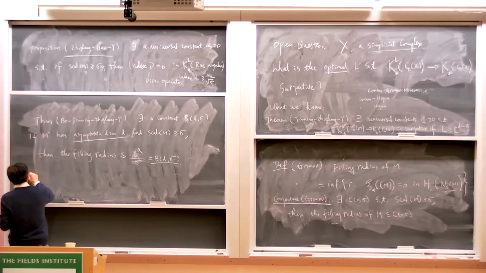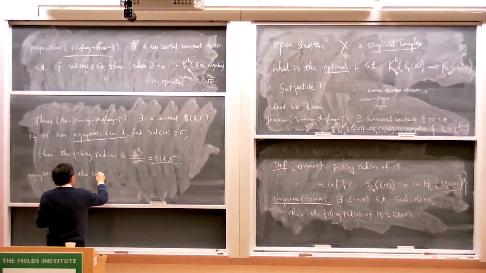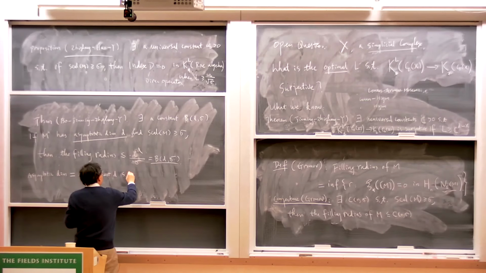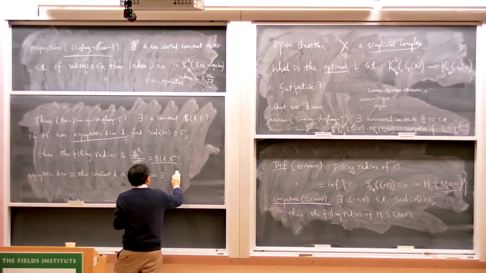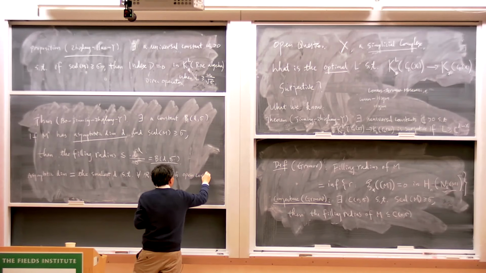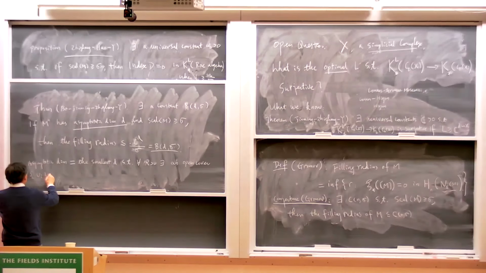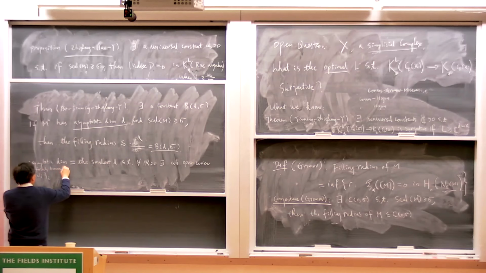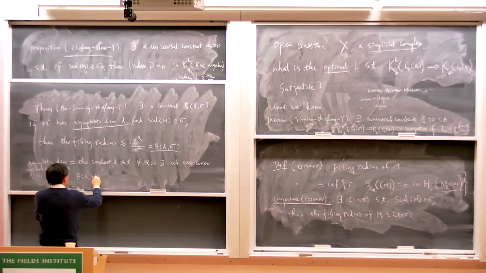So let me explain what this is. Asymptotic dimension is the smallest d such that for any R, there exists an open cover, actually it does not have to be open, but just psychologically, uniformly bounded, such that any ball of radius R intersects at most d plus 1 members.